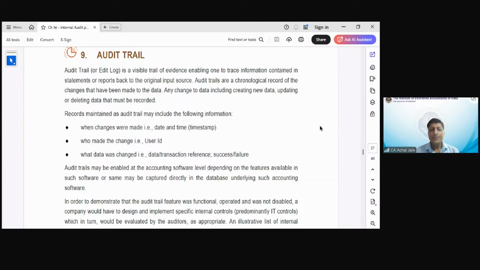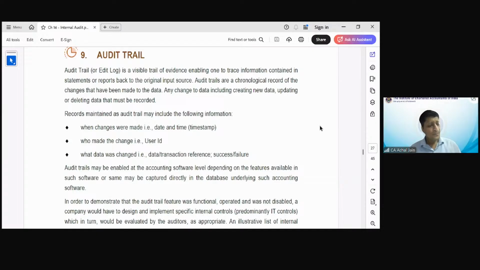Correct? So now this could also be one of the areas which the internal auditor may be planning as a part of his scope. These are more of the areas which are related to the IT environment of the entity. But again, as we discussed, internal audit is not limited to the manual environment. It covers the entity as a whole.